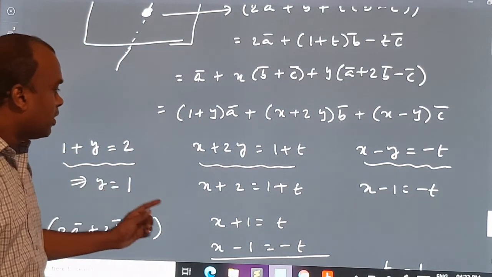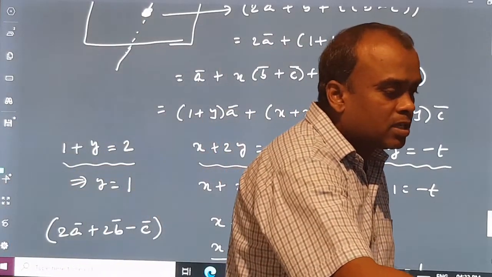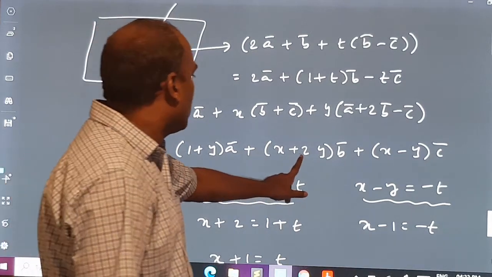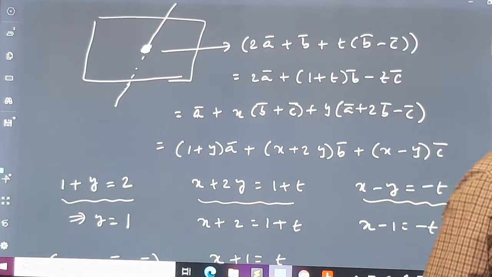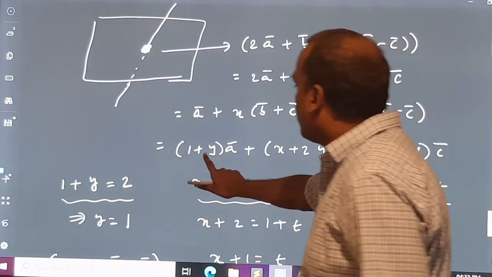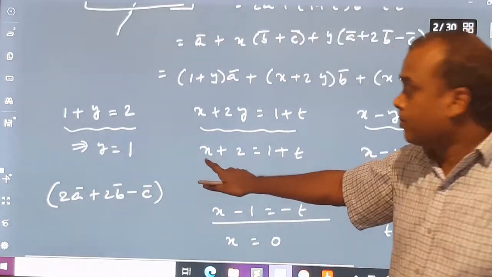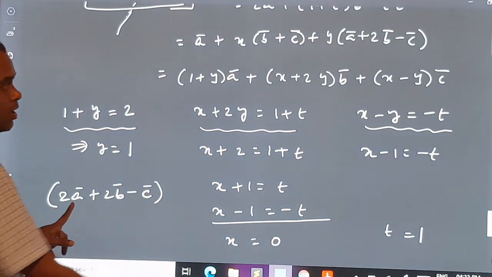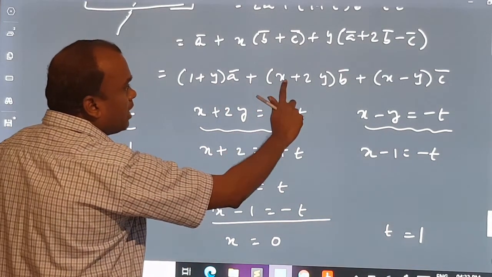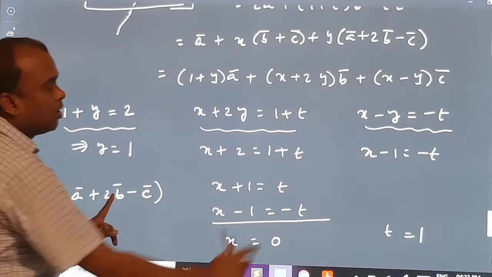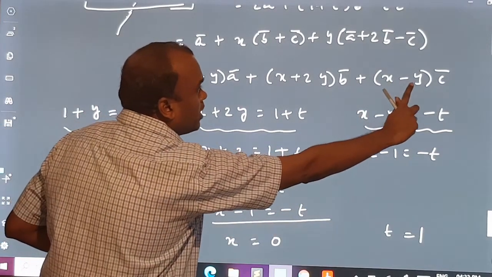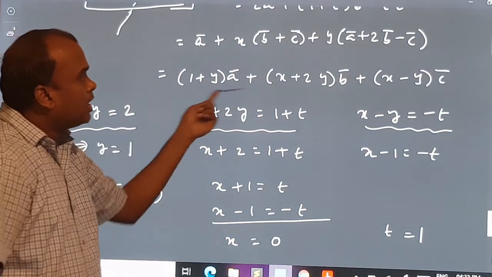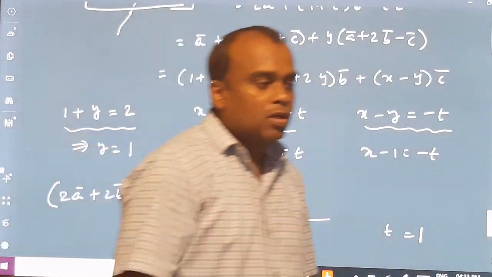We got y equal to 1 and x equal to 0. So if I put those values of x and y over here, then also you should have the same thing. If y is 1, then it is 2a bar as we already got, and with y 1, x 0, it is 2b bar, and minus c bar. The same thing you can get either from this or from this.